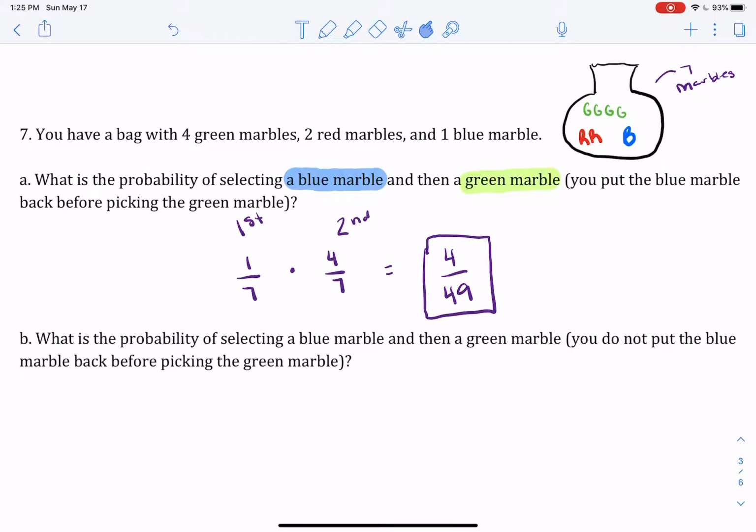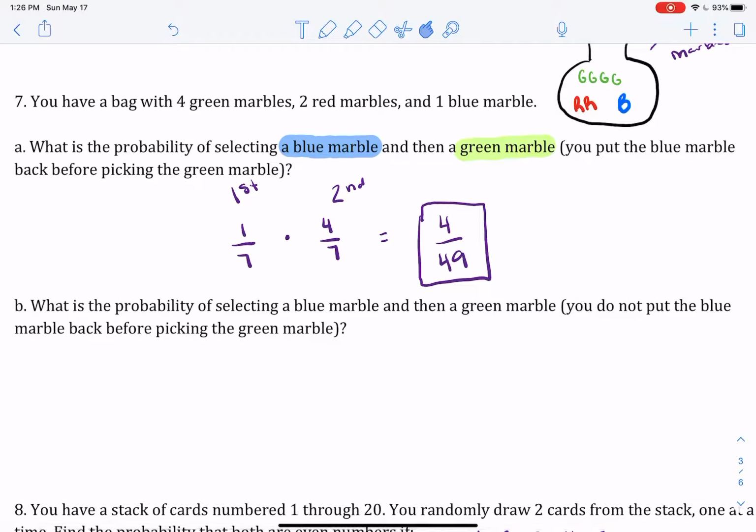Okay, but part B is very similar. It says, what's the probability of selecting a blue marble and then a green marble, but you do not put the blue marble back before picking the green marble. Okay, so that's really important here. So same idea. What's the probability of getting a blue one? Well, we've got 1 blue one out of 7 marbles.